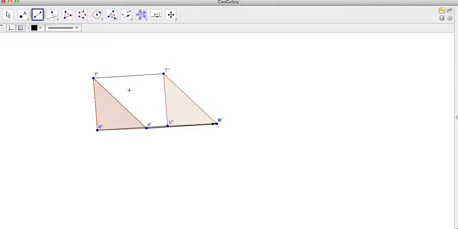We will measure these distances just to show you. And all these distances are the same. This was accidentally the side, but they're all the same.